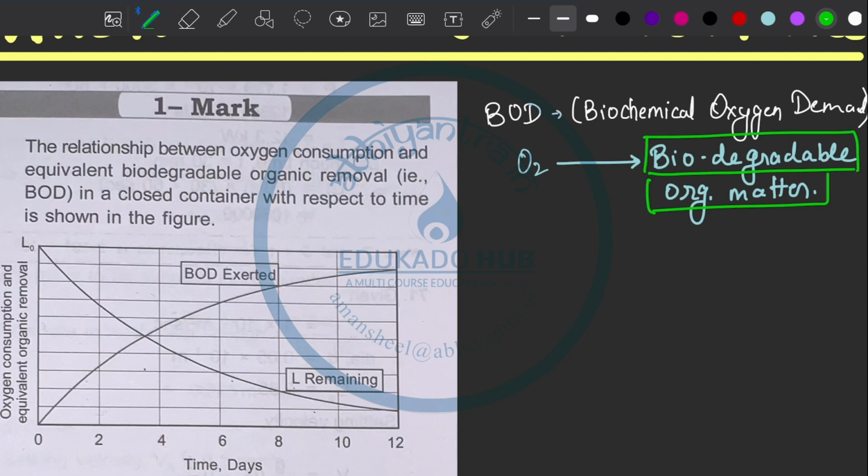So we can say, for the oxidation of biodegradable organic matter, and it is done by aerobic, that means with presence of air, biochemical action.